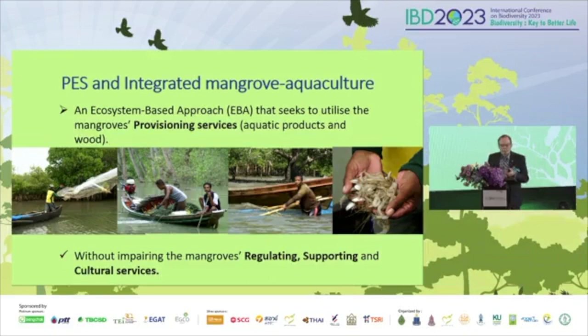And when we talk about PES, it's really just a tool within the toolbox of ecosystem-based approaches, where we're trying to balance our need to use provisioning services against the need to also protect and preserve the other services, the regulating and supporting services. And if we do that, we also then benefit from the cultural services through ecotourism, through education, through recreational activities that we wouldn't be able to enjoy otherwise. So they're all related.